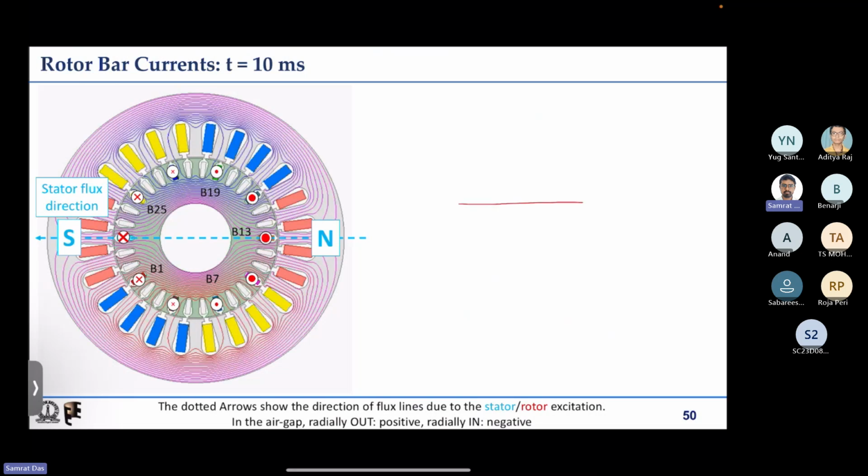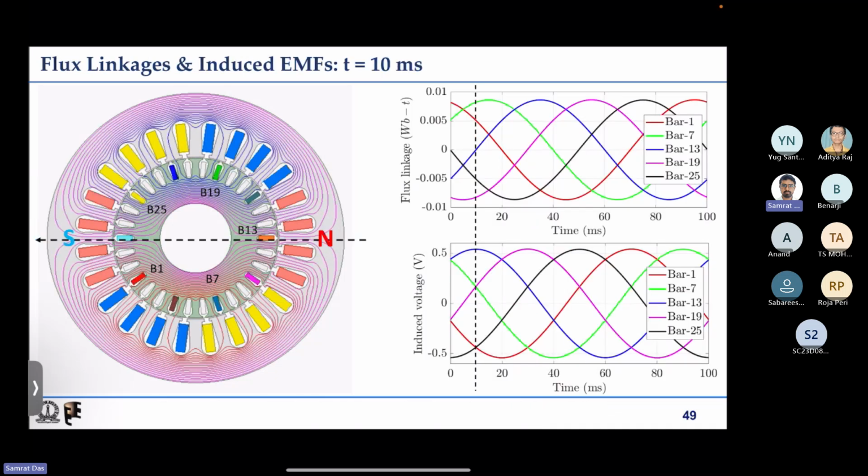We could have three phase axes phase shifted from each other by 120 degrees, or we could have n phases shifted from each other by 360 divided by n, where n is greater than 2. So this is the different bars.